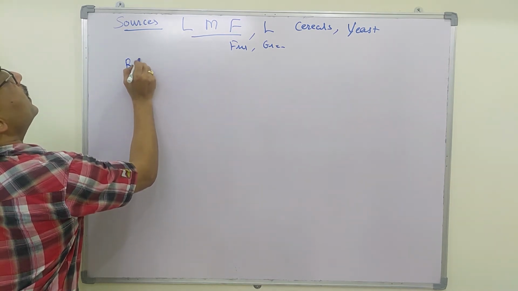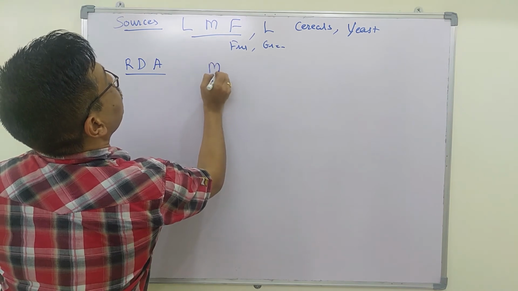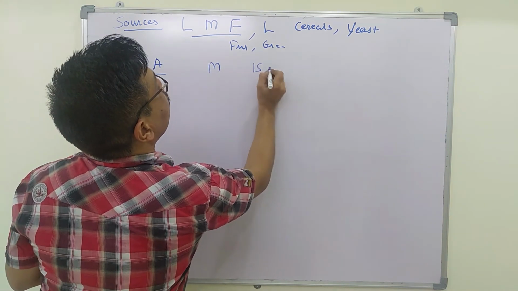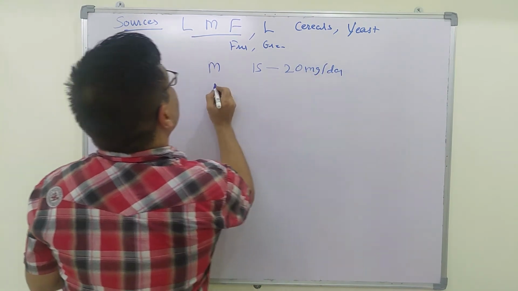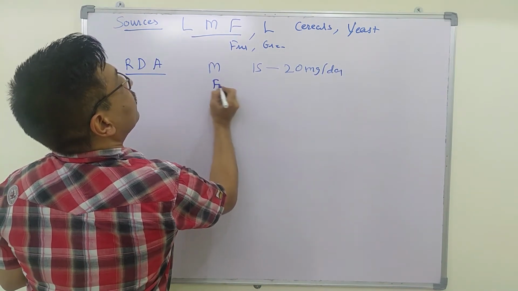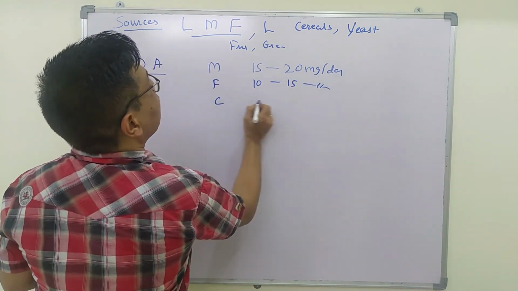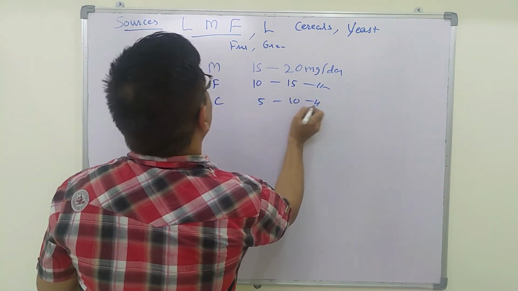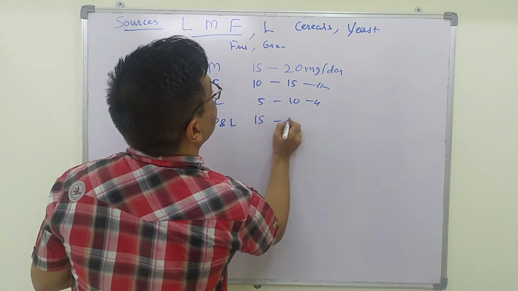RDA, recommended daily allowance, for adult male is 15 to 20 milligram per day. For females it is 10 to 15 milligram per day. For children it is 5 to 10 milligram per day, and in case of pregnancy and lactation it is 15 to 20 milligram per day.